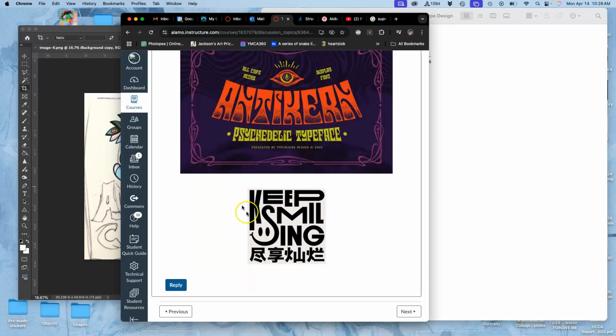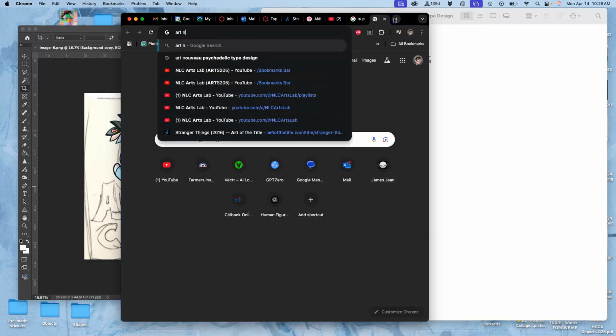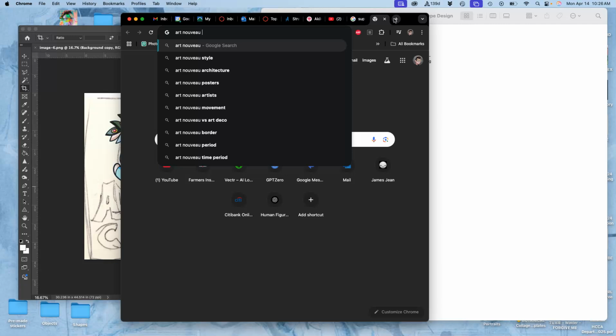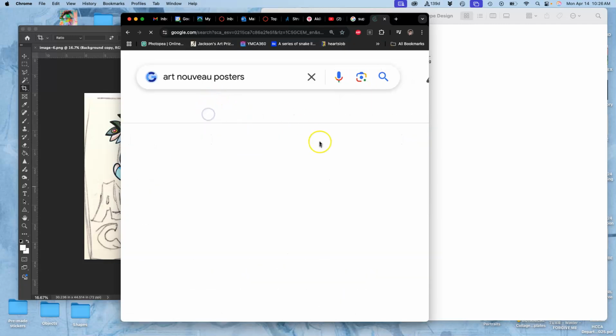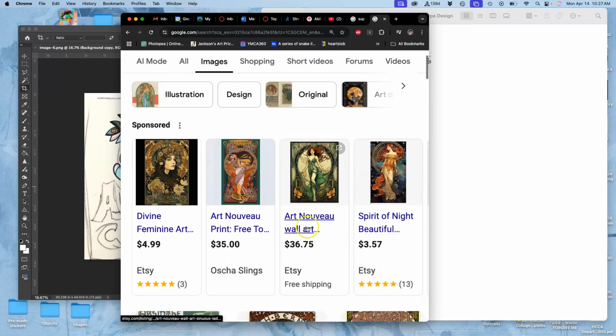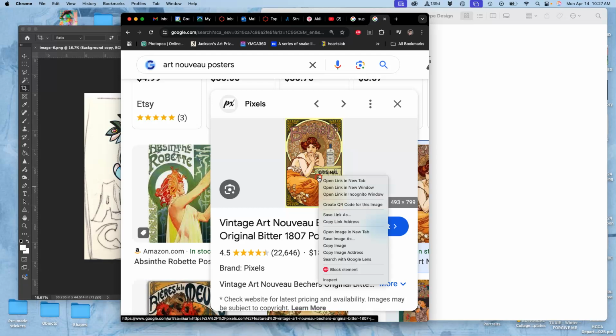So inspirations really matter. The inspiration I found was not original Art Nouveau posters. Those are really cool. Because those go back all the way to like the 1880s. So these were some of the original ones, right?